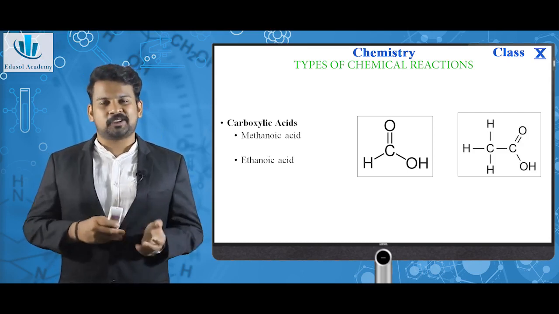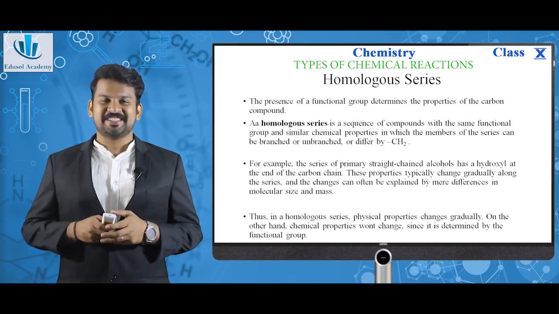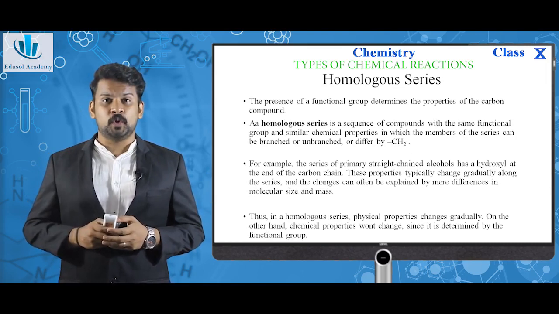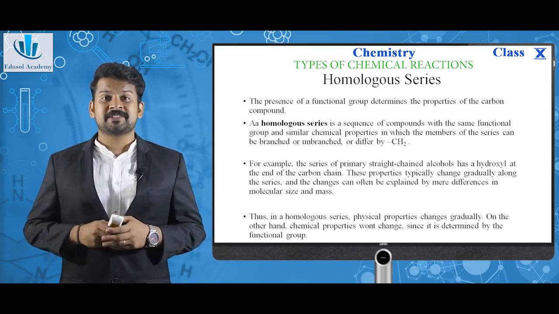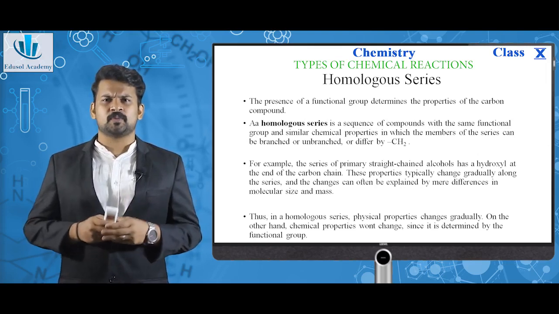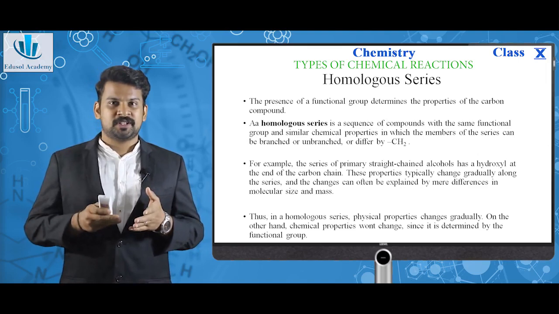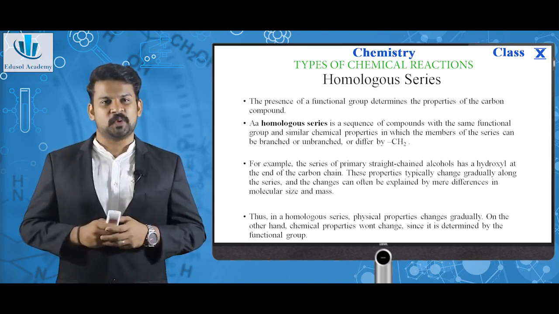Same is the case with ethanoic acid. You can just see from the picture. Homologous series. We just discussed that the presence of a functional group determines the properties of the carbon compound. The homologous series is a sequence of compounds with the same functional group and similar chemical properties in which the different members in the series differ by a CH2 unit.